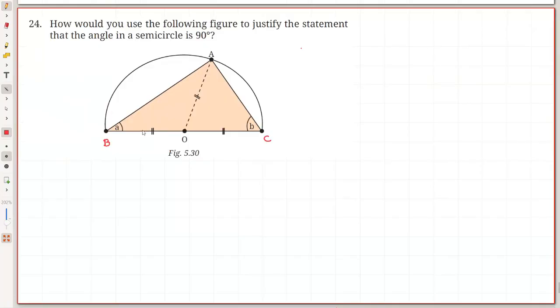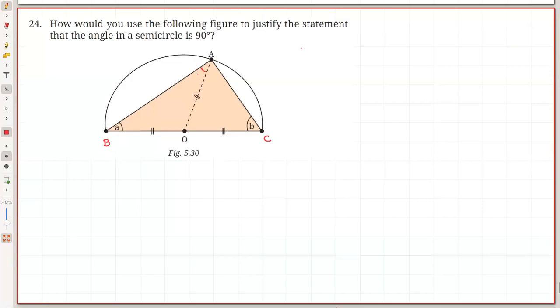In AOB, OA is equal to OB. They have given the marking. That means two sides are equal in the triangle, so AOB is an isosceles triangle. AOC is also an isosceles triangle. If it's an isosceles triangle, we know that base angles are equal.